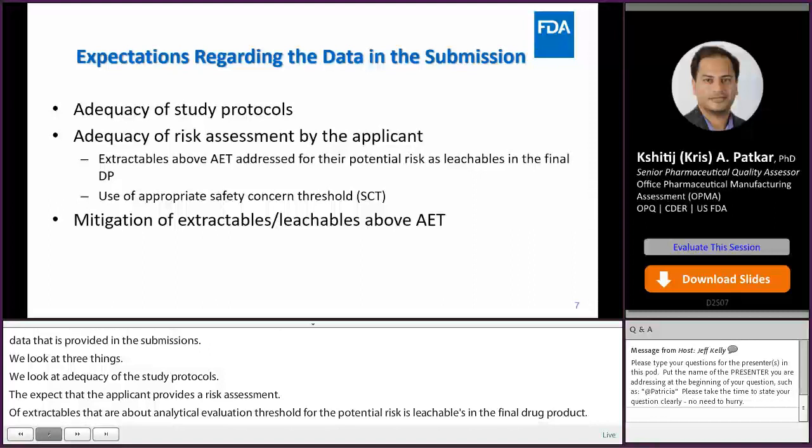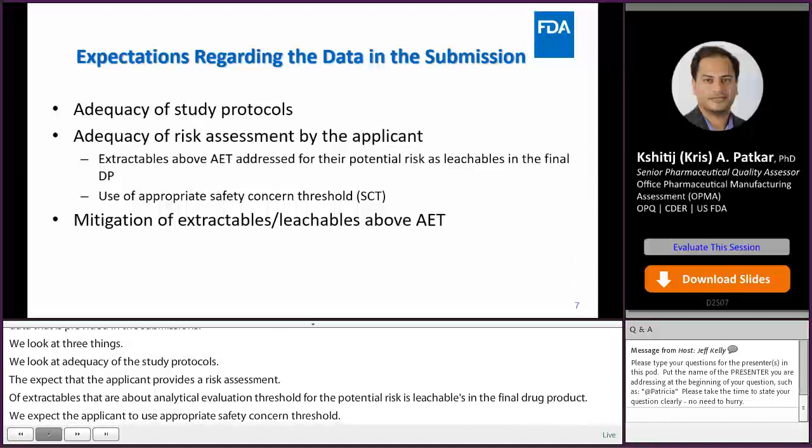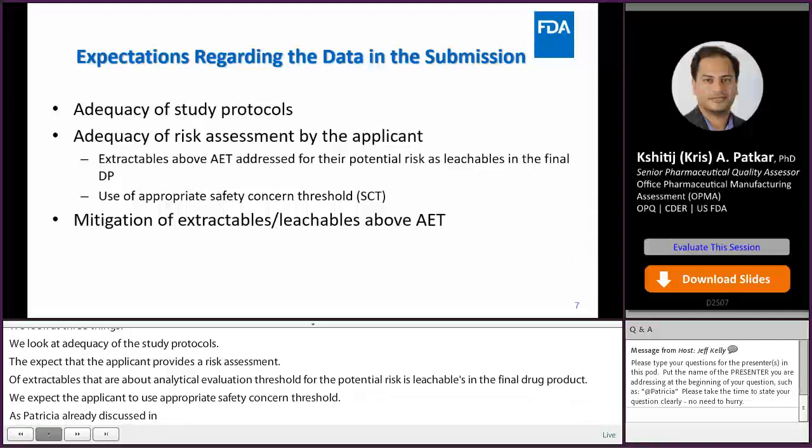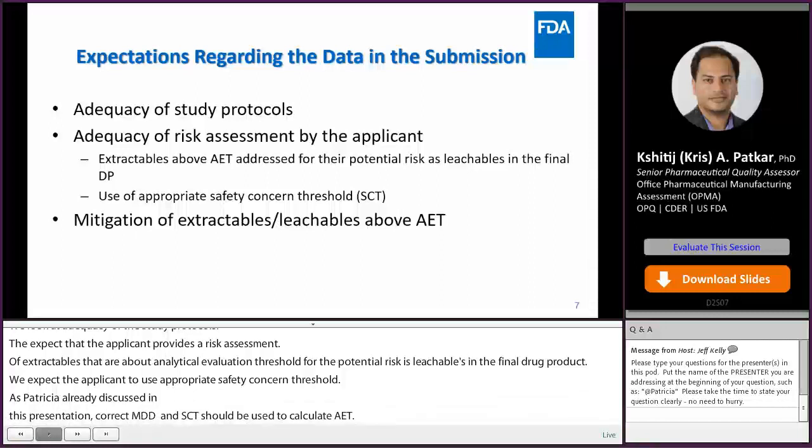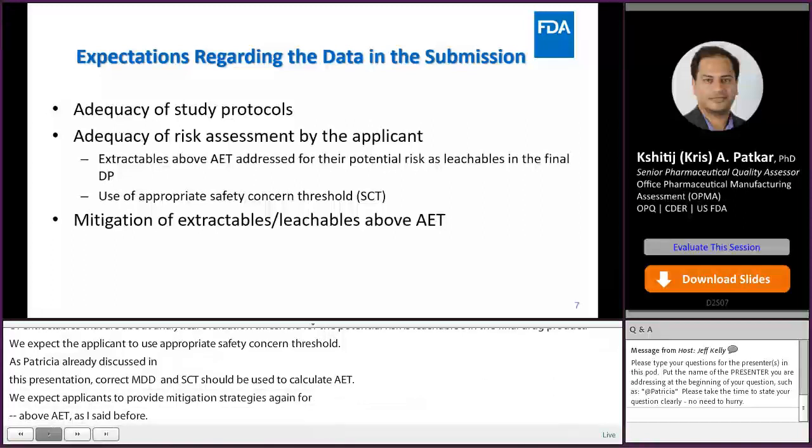We expect the applicant to use an appropriate safety concern threshold. As Patricia already discussed in this presentation, a correct MDD and SCT should be used to calculate the AET. We expect the applicants to provide mitigation strategies, again, for extractables and leachables above the AET, as I said before.